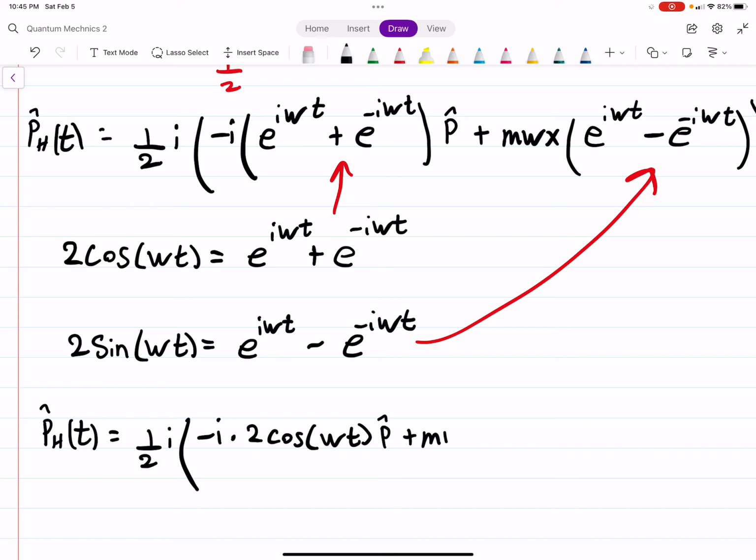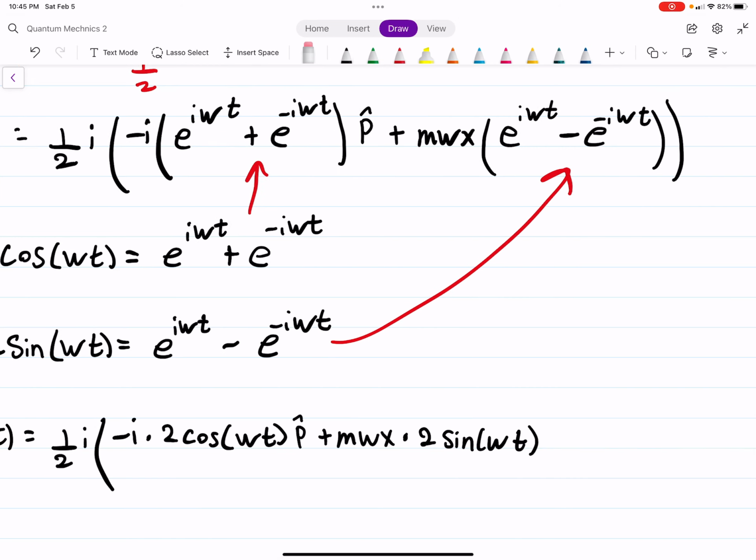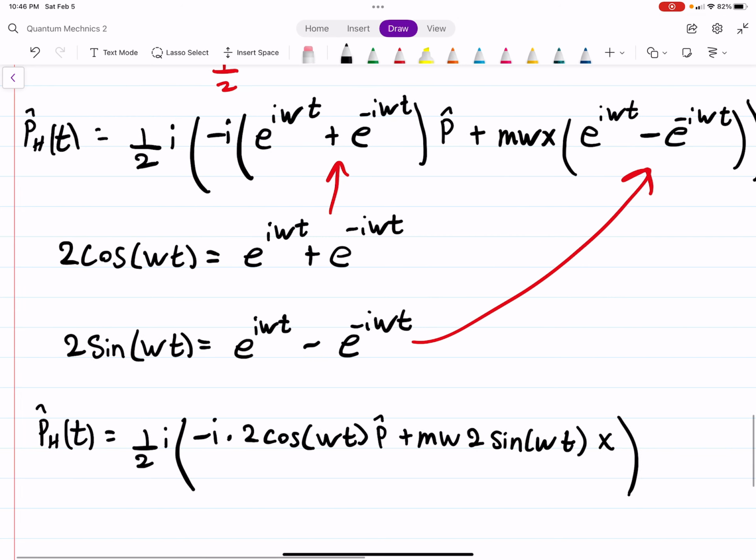There we go. Times 2i sine of omega t. And just for principle, let's do this. Let's move the x over here, because technically it could be from the Heisenberg picture. So let's do that. Okay.